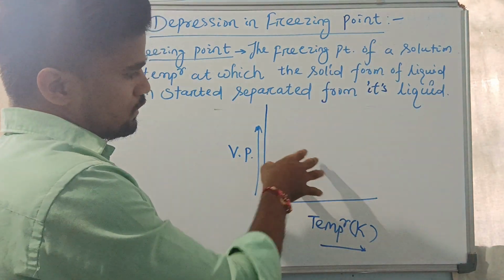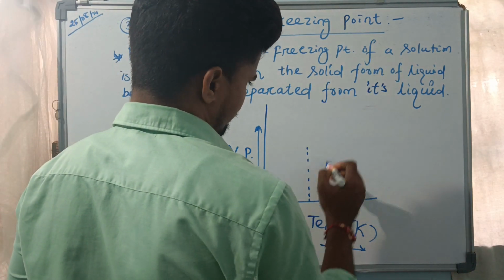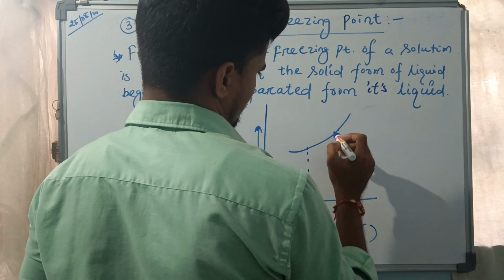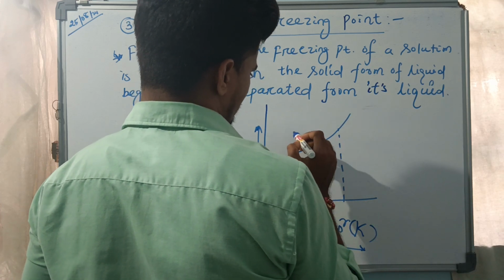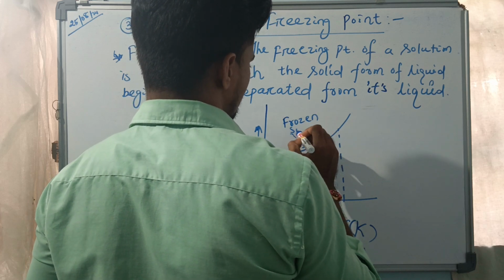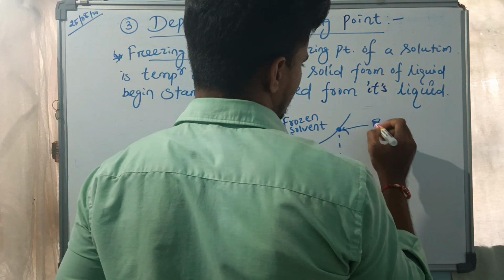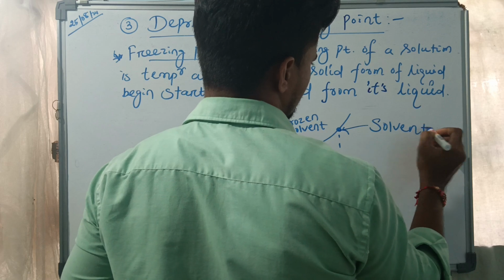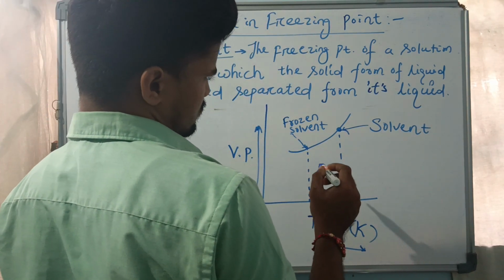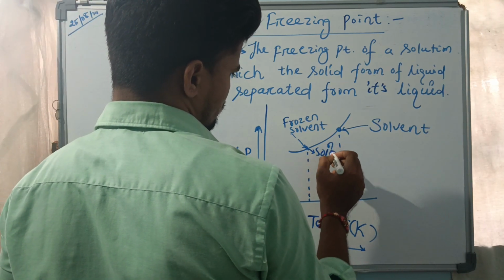So what will we see in the graph? This point is called what? Frozen solvent. This is the frozen solvent, right? And this point is what? Solvent. And this is the solution.